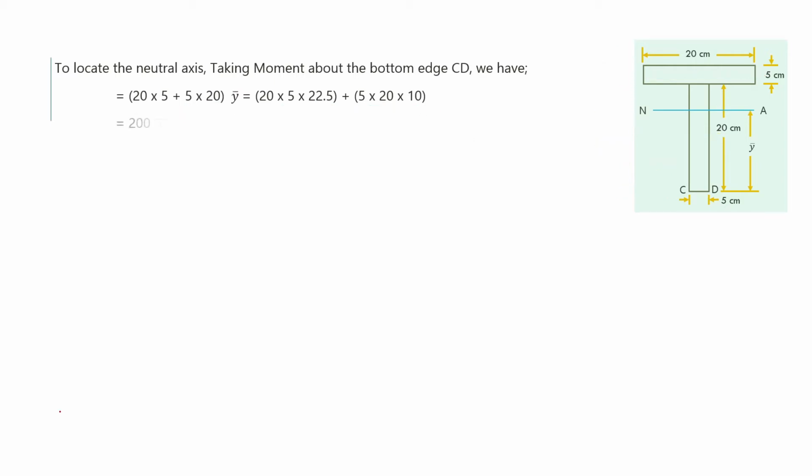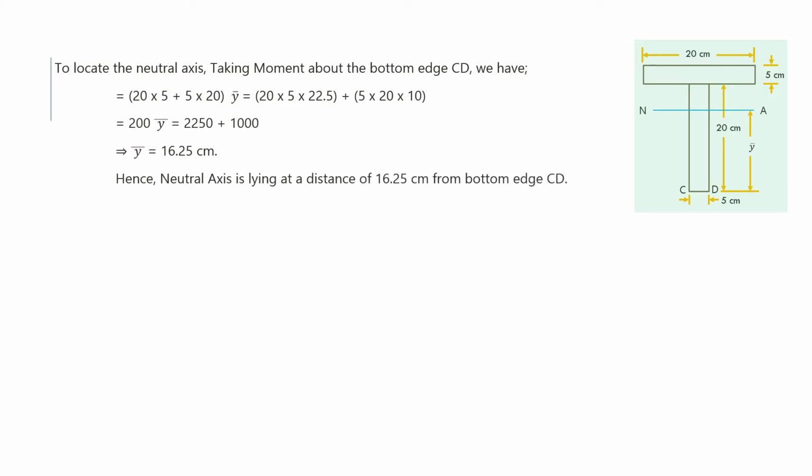Now simplifying it, we will get 200 y bar equal to 2250 plus 1000, or finally we will get y bar equal to 16.25 centimeter. So here we can say that the neutral axis is lying at a distance of 16.25 centimeter from the bottom edge CD. This 16.25 centimeter means this is 16.25 into 10 to the power of minus 2 meter. Both are the same things.